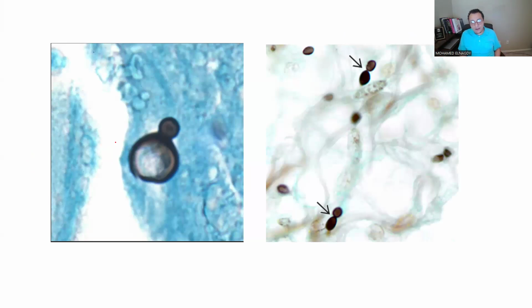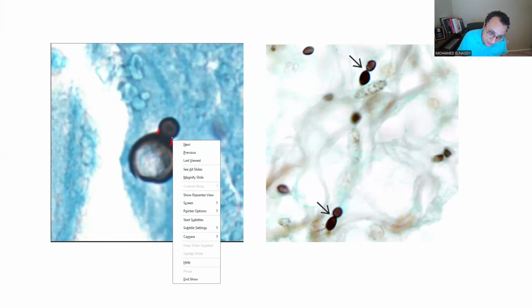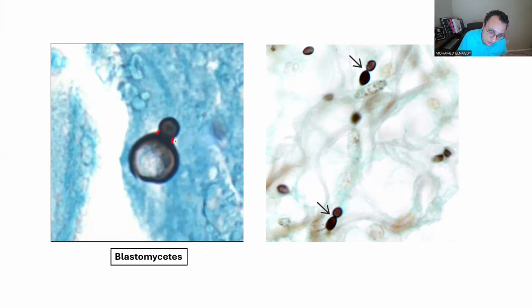The next two are another two types of fungi with budding. This is not only important in neuro, actually. This is important everywhere. You need to know which fungus shows broad-based budding and which fungus shows narrow-based budding. I wish I could test you guys. Anybody know?